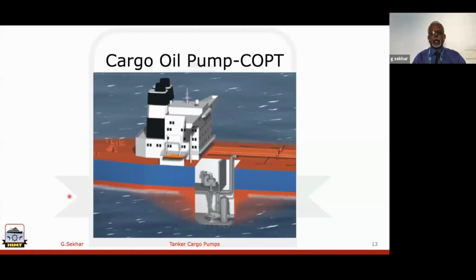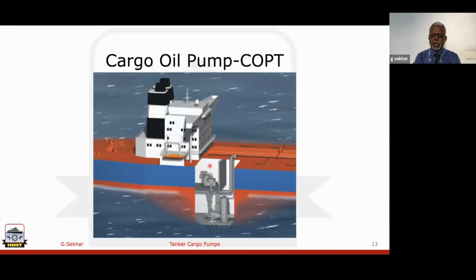Okay, now if you see here, this is the concept of an oil tanker. This is the bulkhead between your engine room and the pump room, and the pump room is here. On the other side of the pump room, you have your cargo tanks. This bulkhead is supposed to be a watertight bulkhead between the pump room and the engine room.